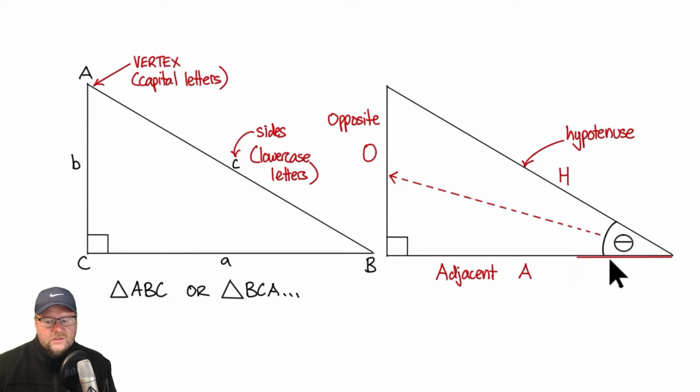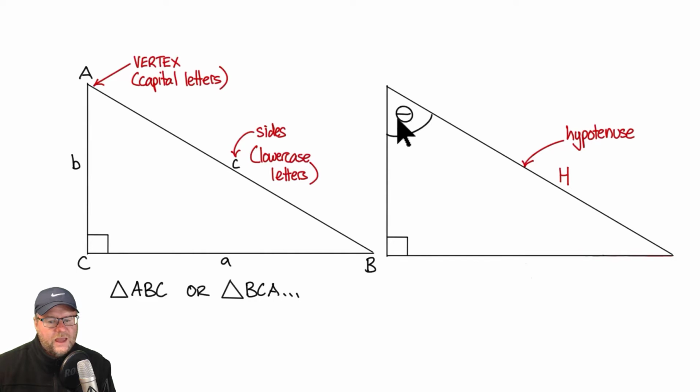Now, hopefully you'll see that they could change. The O and the A could change, because what if my angle was up here instead? Well, the hypotenuse doesn't change. You'll see it's the same. It never changes. It's always opposite the right angle. But now that I've got an angle up here, well, this side now is the one that is opposite my angle. It's on the opposite side of the triangle to my angle. It doesn't touch my angle. The one that is next to it, touching it, is the adjacent.